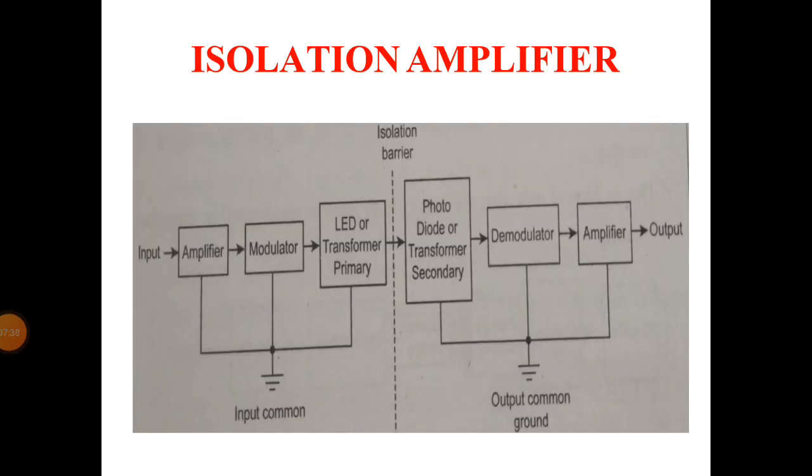So this slide shows the isolation amplifier. Here the amplifier, modulator circuit, LED, and transformer primary are separated by the isolation barrier. The isolation amplifier has an input section and an output section, and they are separated by the isolation barrier.